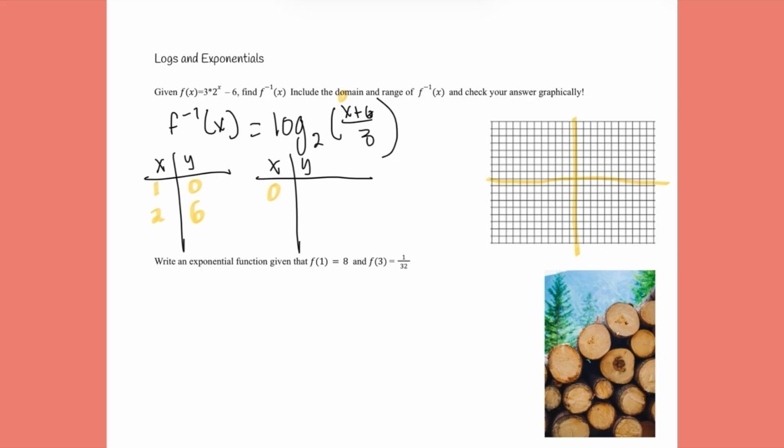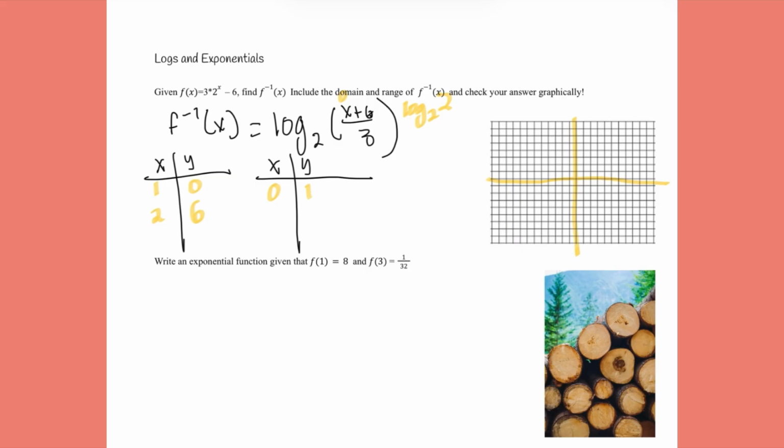That's important because I know that log base 2 of 2 is going to be equal to 1, which is a relatively easy number to find. It's not too big, it's easy to graph. And if you notice, 1, 0 is the point on f of x and 0, 1 is the point on the inverse of f of x.